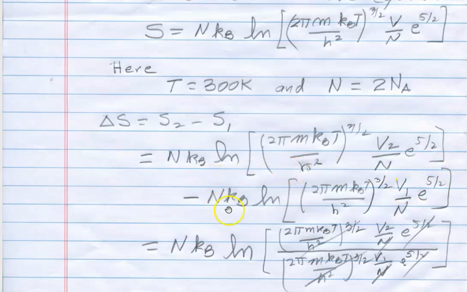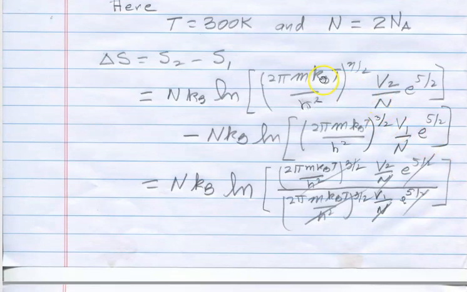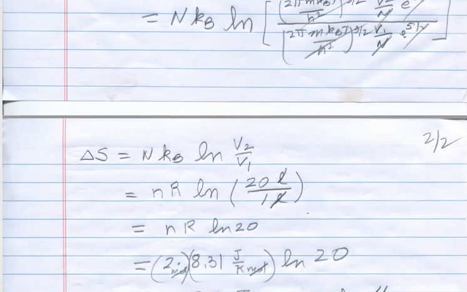I can factor out the N kB out front, and then I've got the difference of 2 logarithms, which is just the logarithm of the ratio. So this term on top in the numerator, and this term on bottom in the denominator. And as you see, you get lots of cancellation because the masses are the same in this case. I'm left inside the logarithm with just V2 over V1.